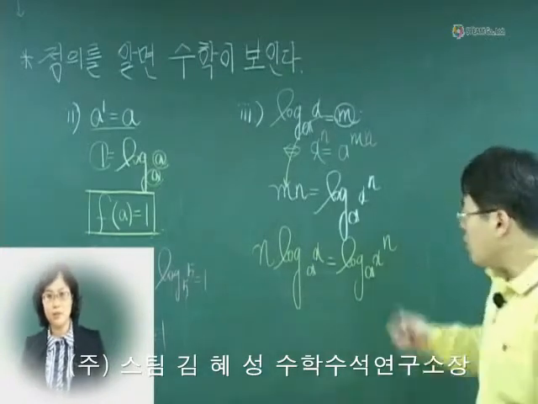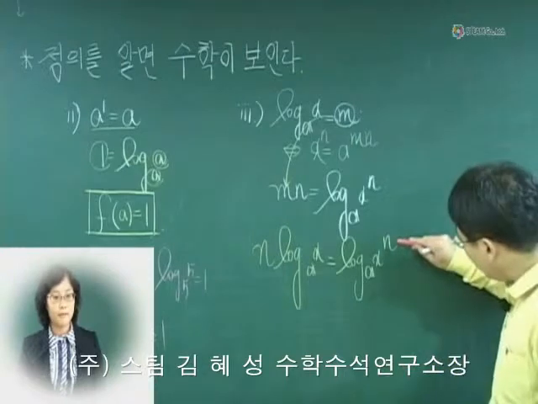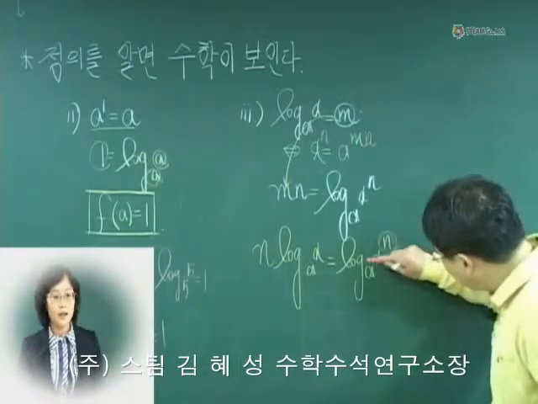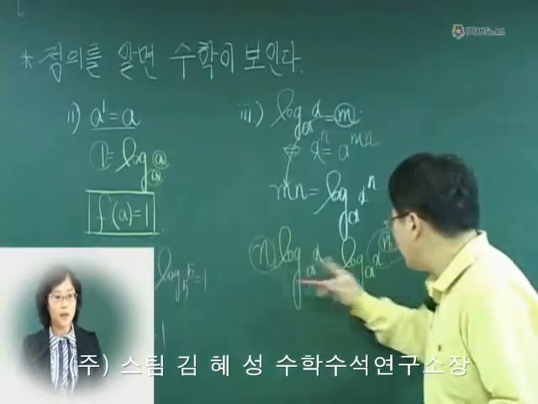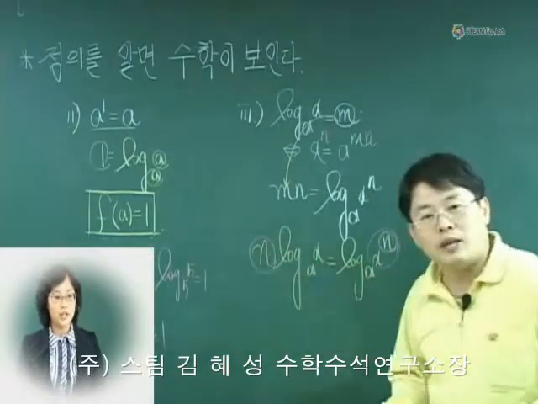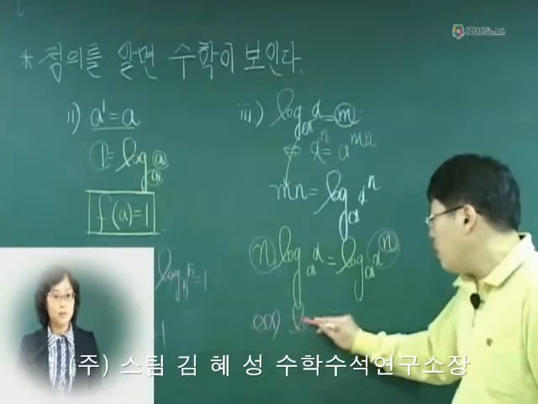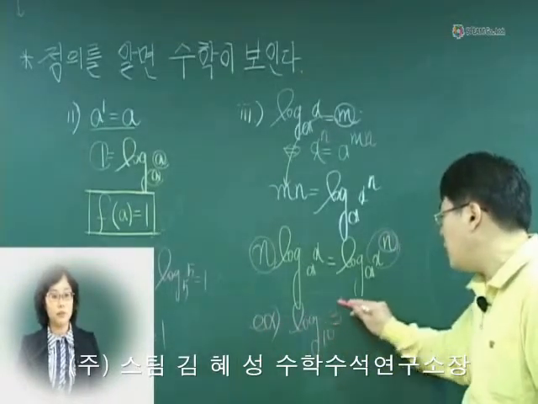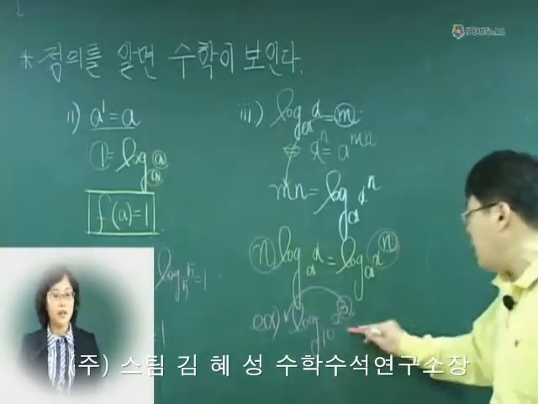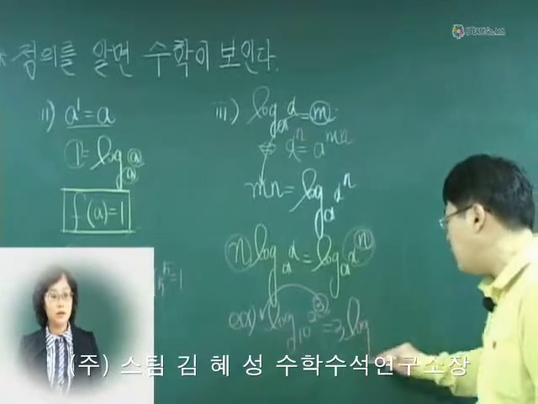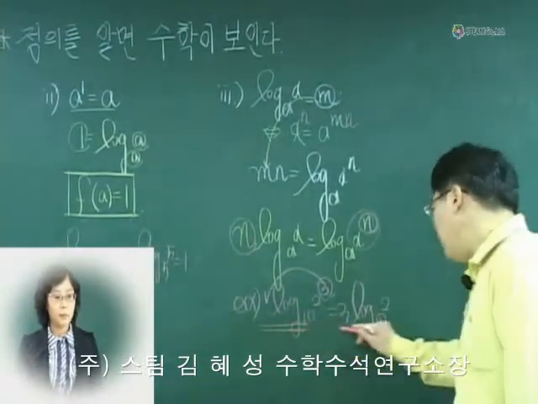What does it mean? The exponent of this anti-logarithm could be changed into, let's say, log base 10 of 2 to the third power. Since the 3 leaps out to the front, 3 log base 10 of 2 is the same.